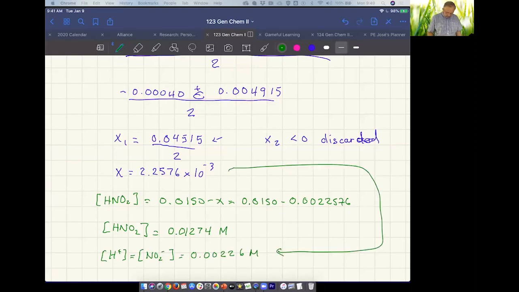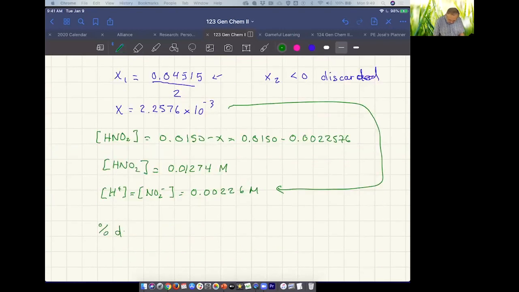So the percent dissociation is going to be the amount that dissociated, 0.0026, divided by the initial amount, which was 0.0150, times 100.